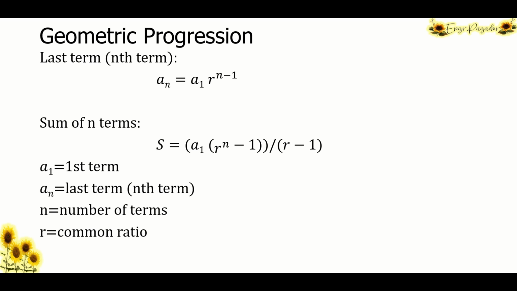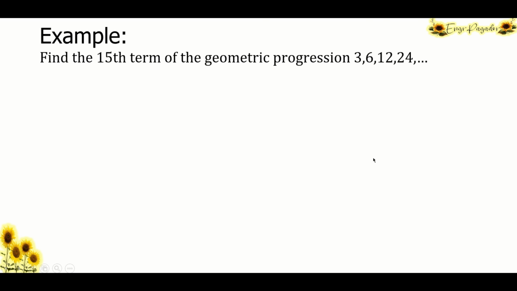So let's have examples for geometric progression. Find the 15th term of the geometric progression 3, 6, 12, 24. So sulat muna natin yung given natin. So a sub 1 natin is 3. And then since 15th term yung given dito, so let's assume that there are 15 terms.